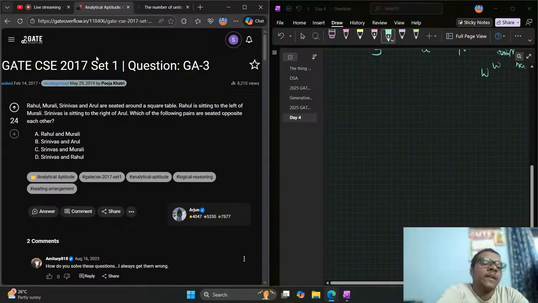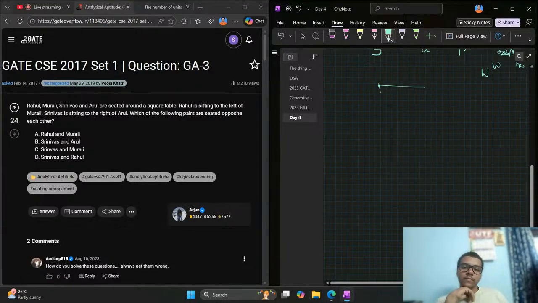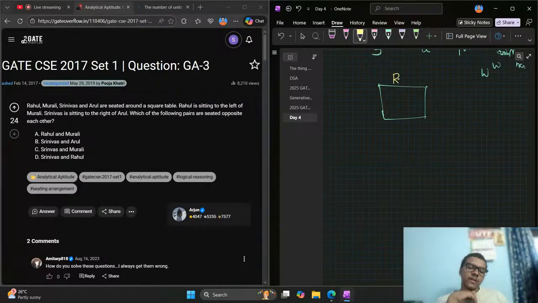Rahul, Murali, Srinivas and Arul are seated around the square table. So for a square table, you should imagine a square table. Rahul is sitting to the left of Murali.